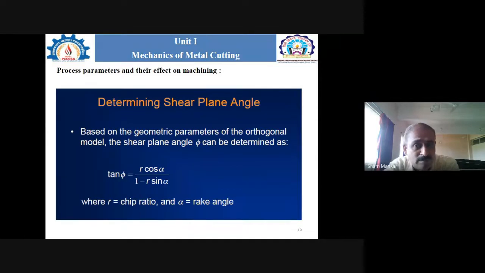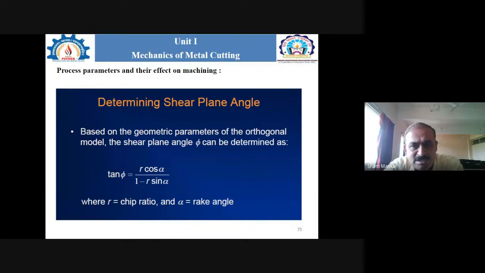Okay. So these are many important process parameters in the metal cutting or metal machining process.